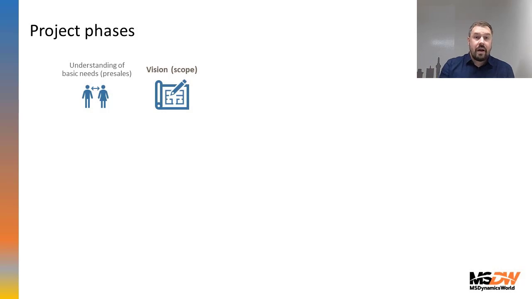And then you write the vision, the scope, and make the indicative offer. This is the first communication with the customer, and no schedule is prepared. You only tell the customer the date which you think is real to implement some project in the future.